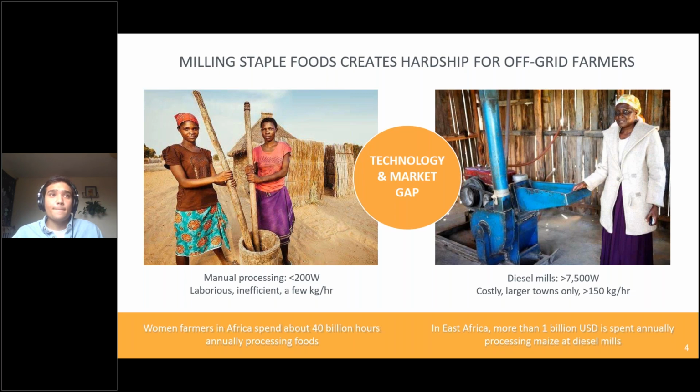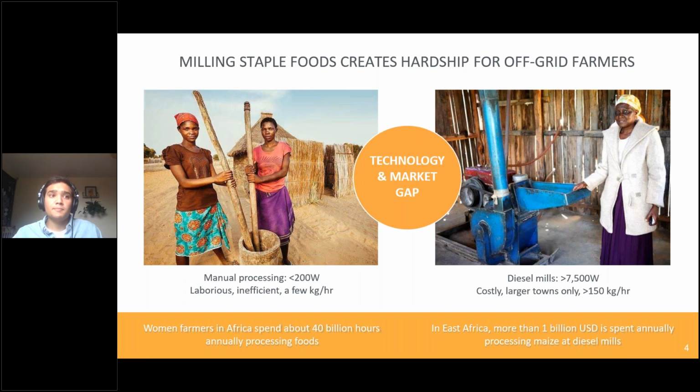It's a huge energy jump to go from manual processing to typically the smallest diesel-powered mills, which are 10 horsepower. They're large, and they're the only solution available in off-grid areas. So we are targeting the gap between manual processing and diesel mills, ultimately to create a much more decentralized network of milling stations.